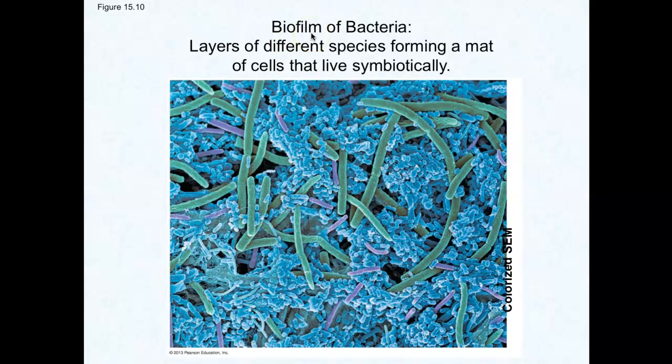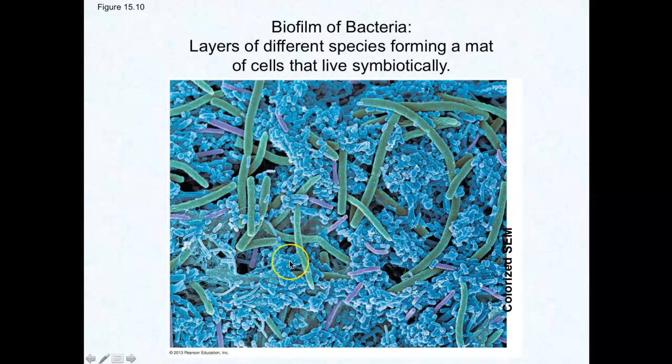So biofilms are very protective for these cells, because instead of being one cell sitting there on the surface of a rock and getting bombarded with UV light from the sun, or getting dried up if you don't have any moisture, that's very treacherous. It's a very bad life, right? You're vulnerable to the environment that could kill you.